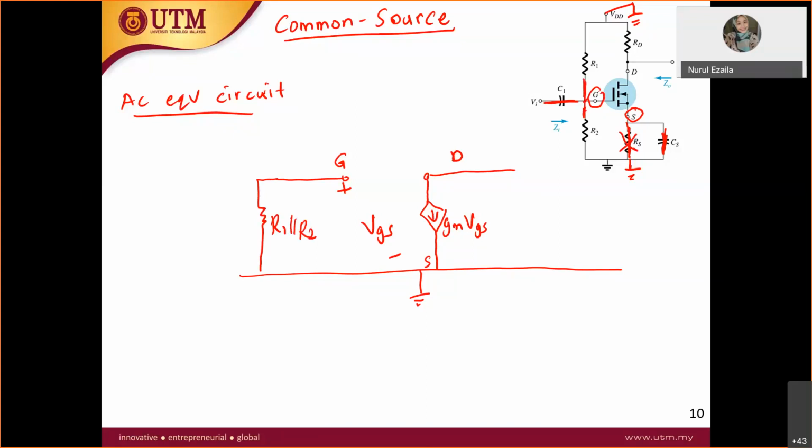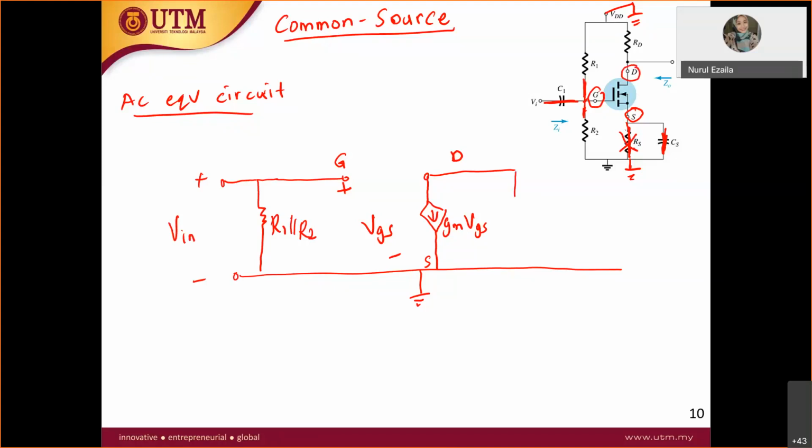Now let's start with the source. For the source, there is nothing here because the capacitor is shorted and this RS is shorted, so nothing. So source to the ground. Now this is your input, your V in. So now for the drain, you only have RD.